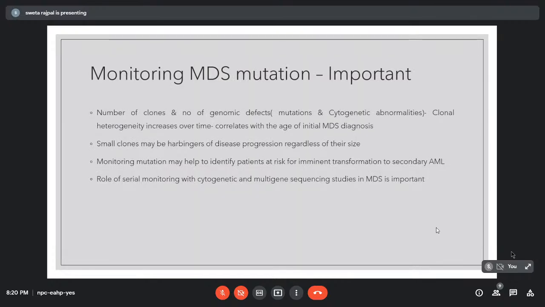So that's how it becomes very important to monitor the mutations in MDS. However small they are, they can herald disease progression regardless of size, and hence it's always important to measure these mutations. Whenever the patient progresses or has any new symptoms or cytopenias, it is always advisable to do the mutations, because we can predict which patient is going to progress at the earliest.